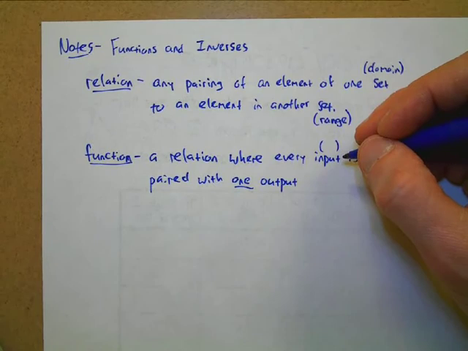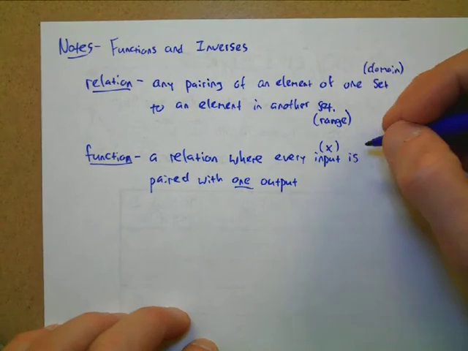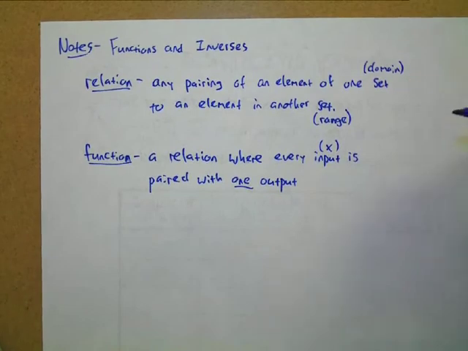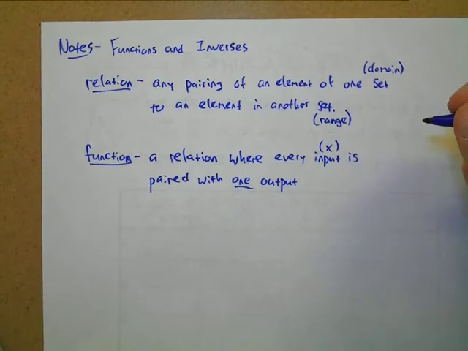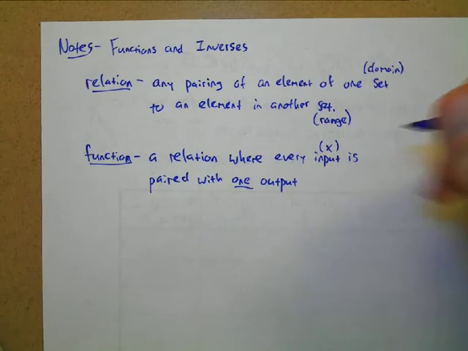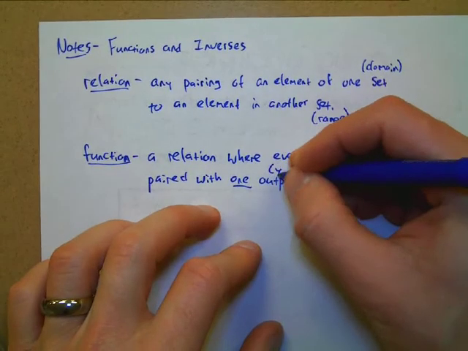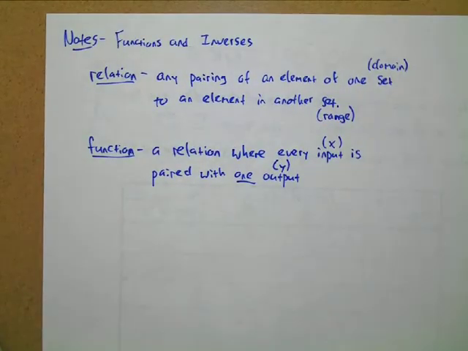We plug in for x, right? And for the output, what's the value we normally get out of the function? Y, right? So another way to read this is: a function is a relation where every x is paired with one y.